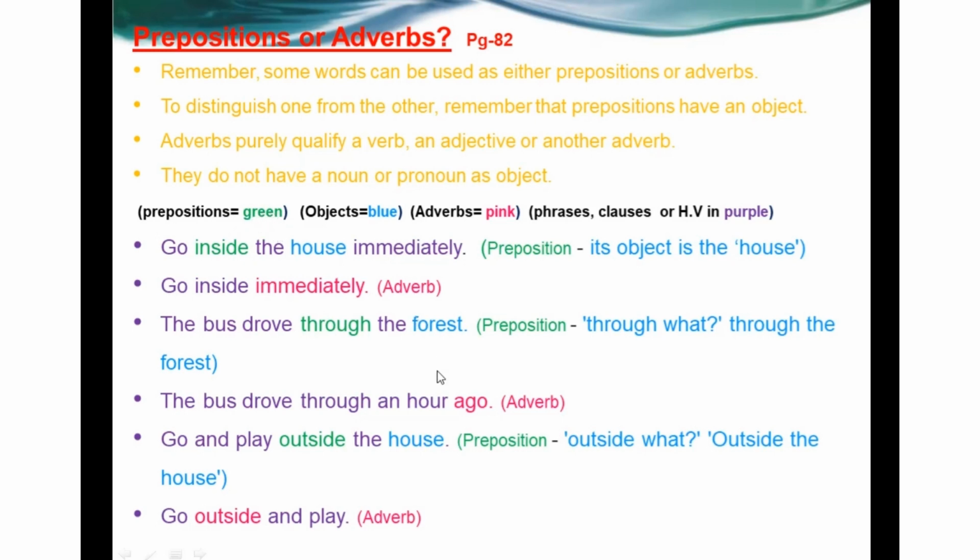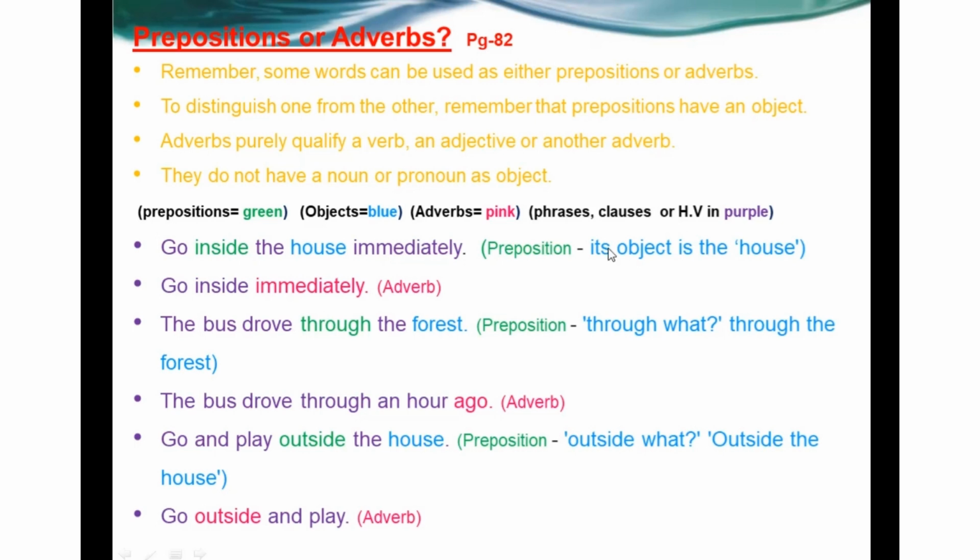So wherever you see the green color, it will be very easy for you to pick out the prepositions. Some letters are in blue. Blue is used for the objects. Some of them are pink. The ones in pink are the adverbs. And the rest of the statements, the clauses or the verbs or the helping verbs, are in purple color. So you can easily tell which one is what.